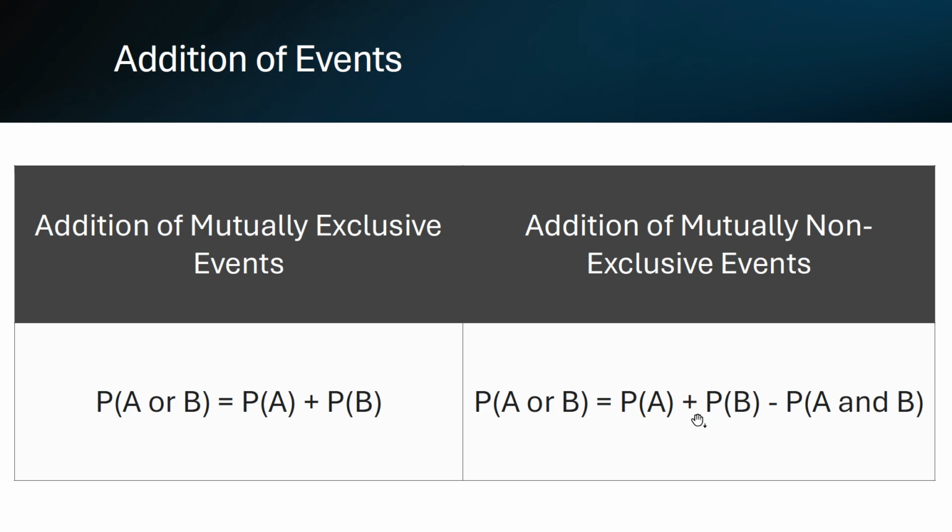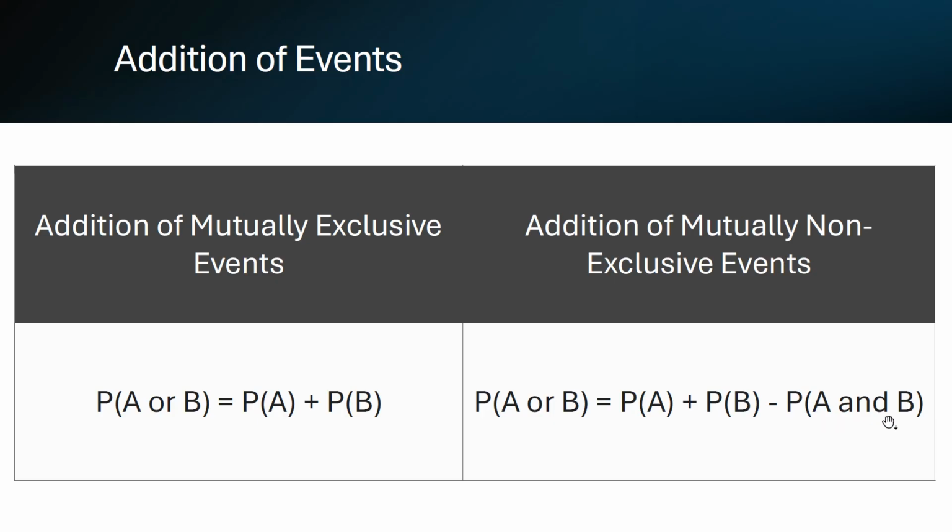Similarly, let's talk about the multiplication of events. When the events are independent of each other, a simple multiplication of the two probabilities gives us the probability of A and B occurring together.